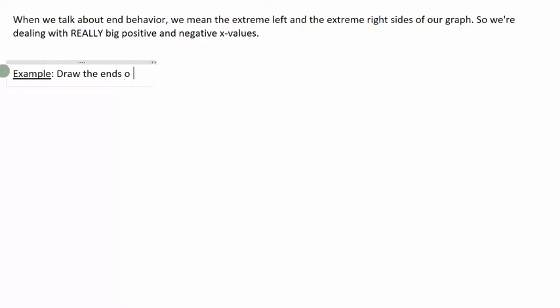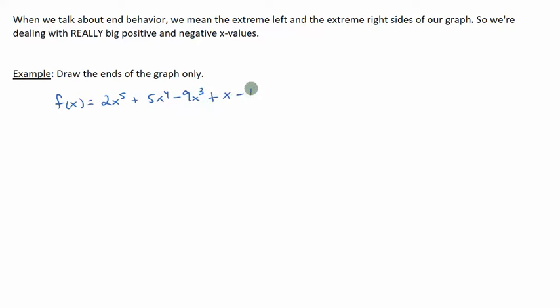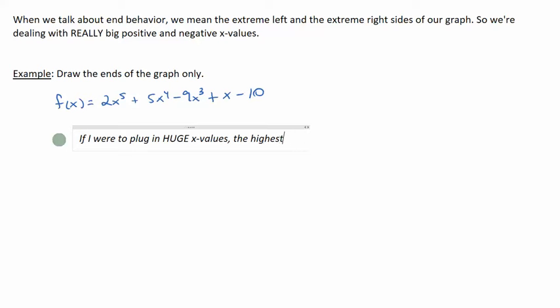Draw the ends of the graph only. So if I've got f of x equals 2x to the fifth plus 5x to the fourth minus 9x cubed plus x minus 10, what we need to understand is if I were to plug in huge x values, positive or negative, it doesn't matter, the leading term, which is the highest degree term, dominates.